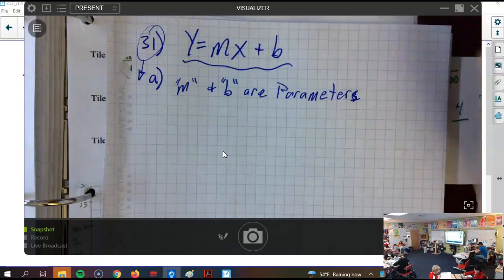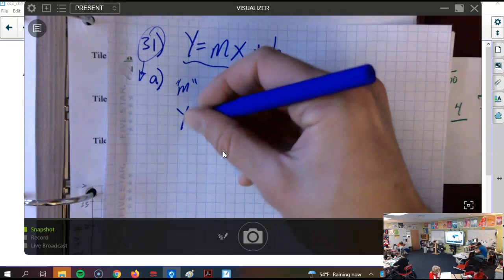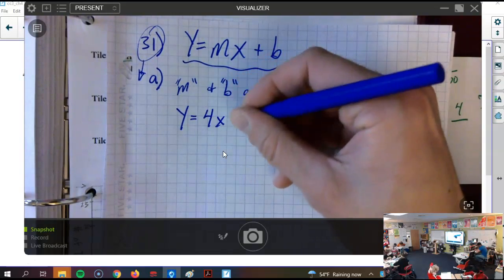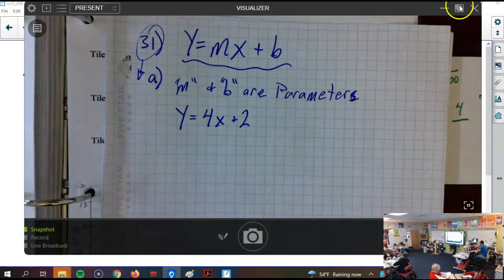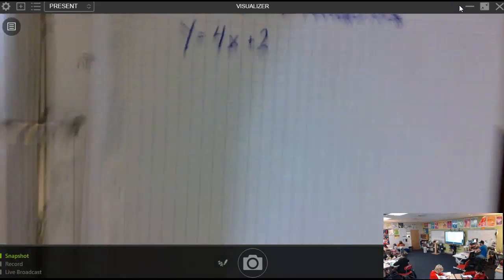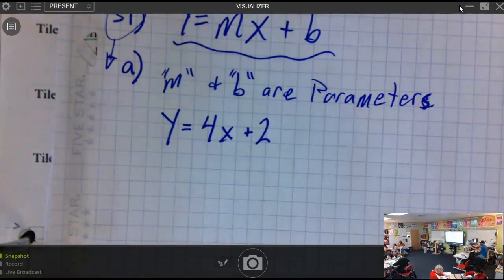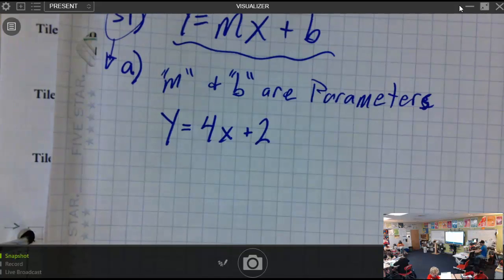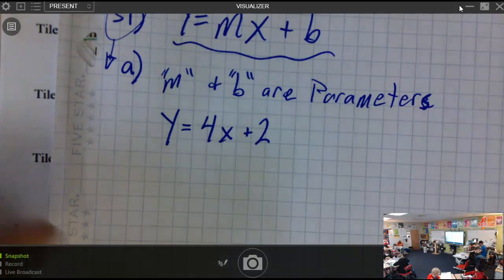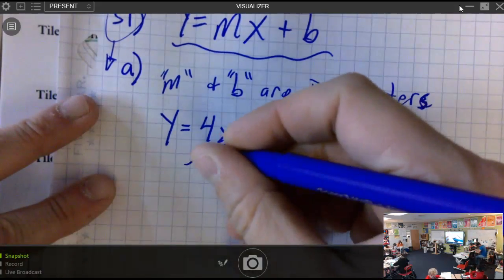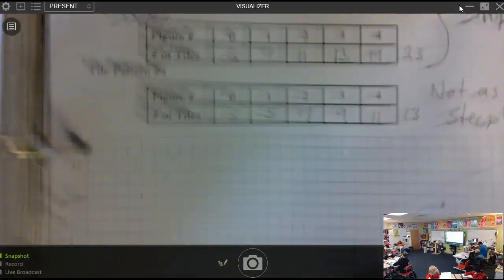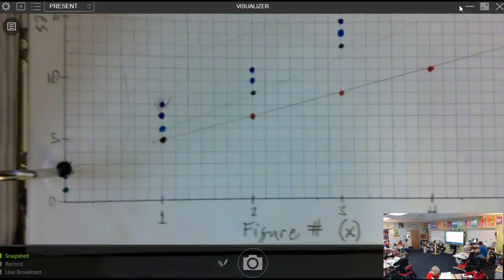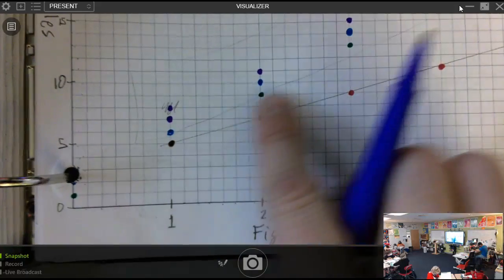What that means is, in an equation such as y equals 4x plus 2 that we dealt with yesterday, what did we say the m is? As we move up this line, the slope doesn't change.